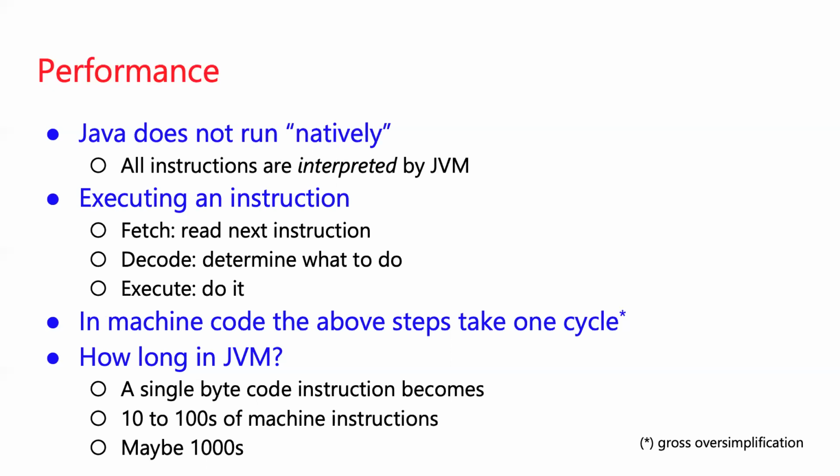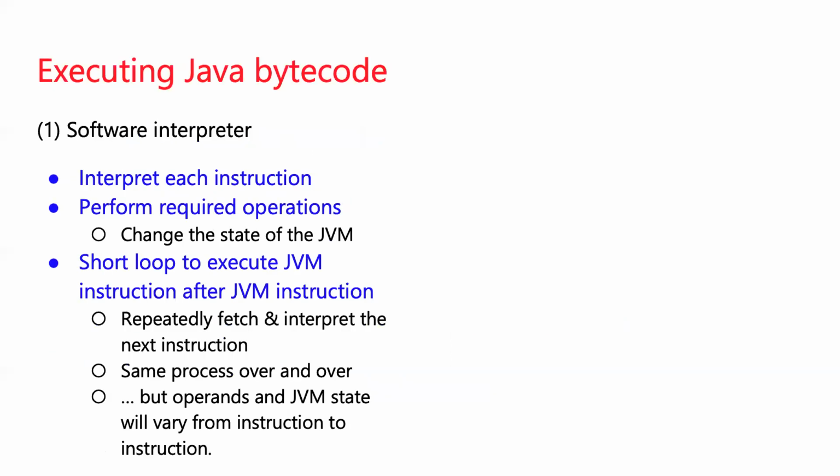Because of this, people have tried to be creative in how they implement a Java virtual machine, and they've come up with some clever options for how they can implement a JVM so that it can execute Java bytecode really quickly. The obvious way is kind of what we've been talking about so far.